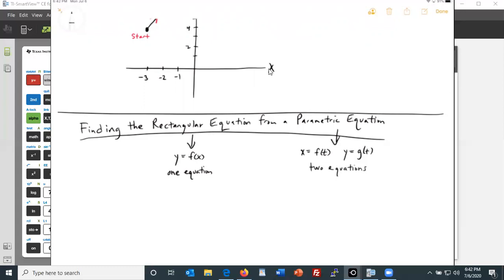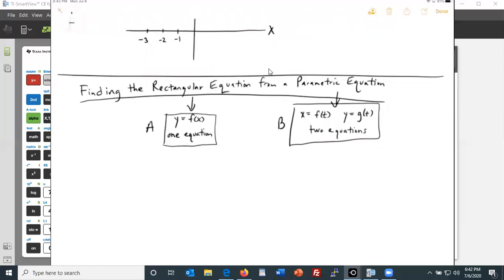So let's call this first one A, and this one, let's call it B. The goal, goal number 1, is to go from B to A. That's like number 2 on the lab.